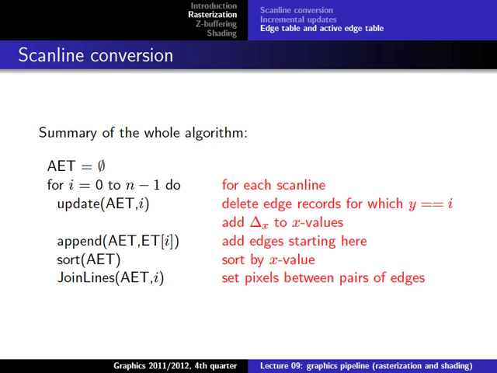We start by initializing it with the initial data structure, and for each step we add the delta x value until we reach this highest y value, which is the end of the segment. And in between, we sort them by x value, so this is a step that is often forgotten. If we sort them by the x value, then we know where the left and where the right points are, and then we can color all the pixels in between. Good.